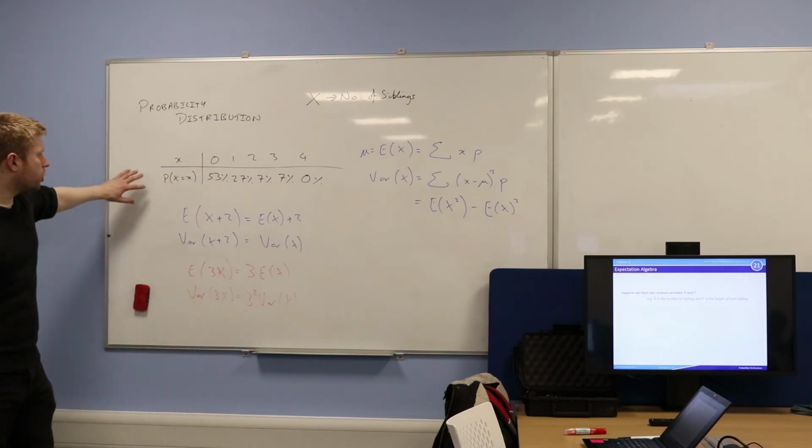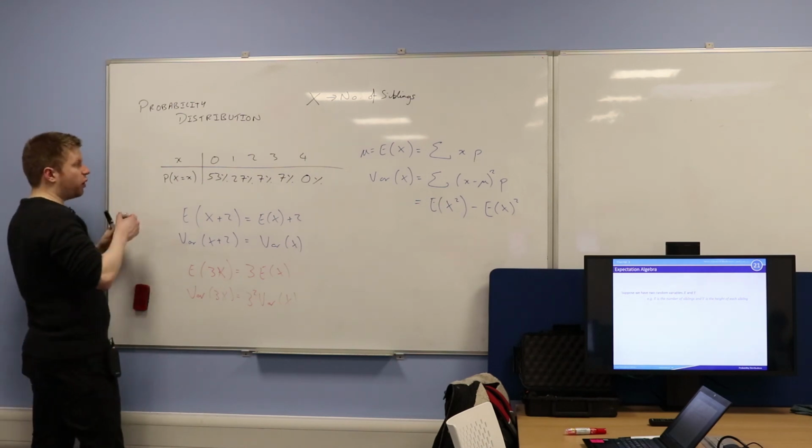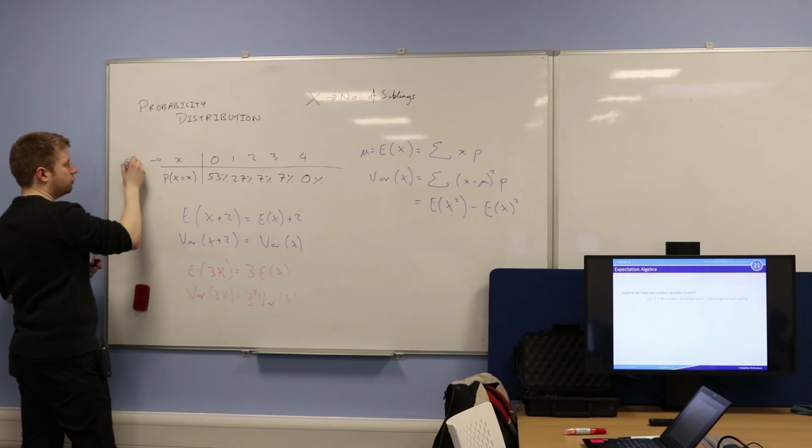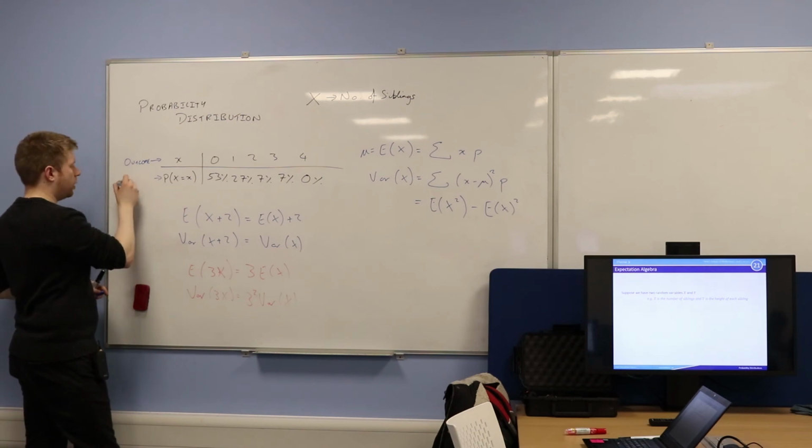So probability distributions, what does this table currently tell you? So what's on the top row? Yeah, good. So in other words, it's the outcome that you expect. So it's a list of outcomes. Okay. What's on the bottom? Absolutely, the probability of each outcome.